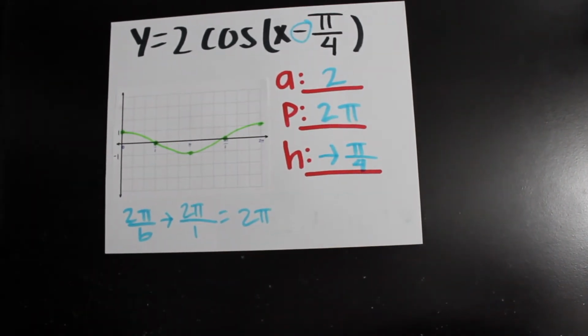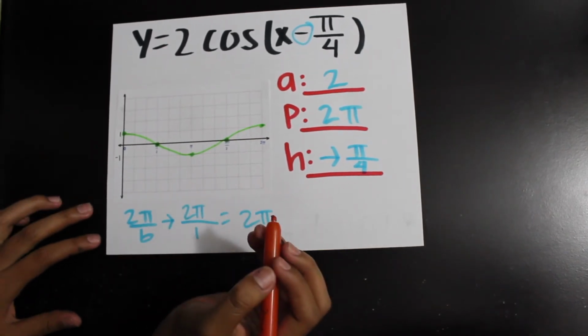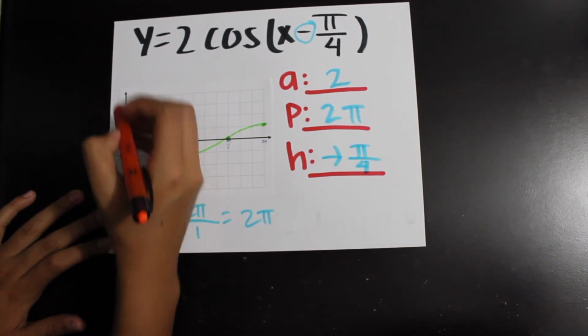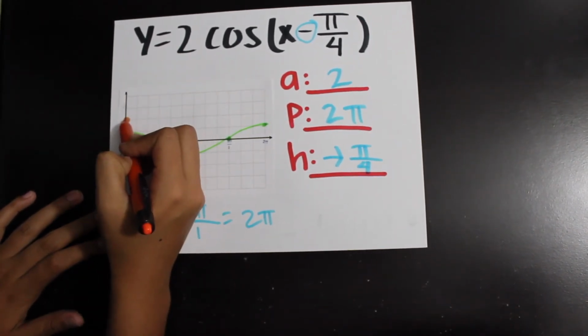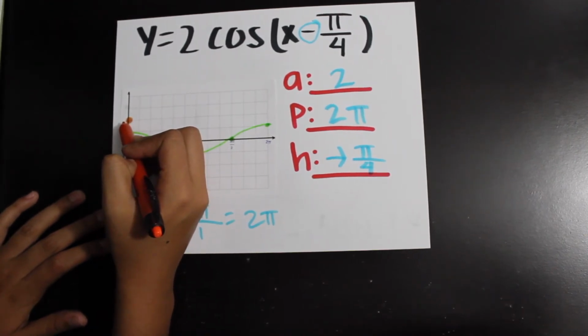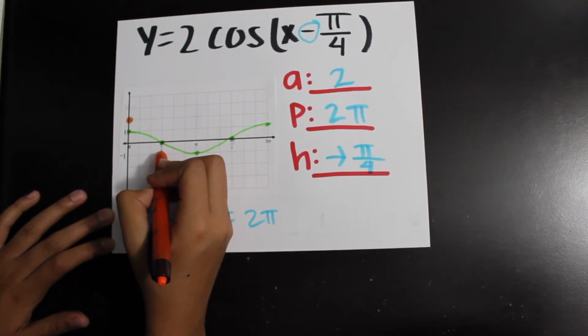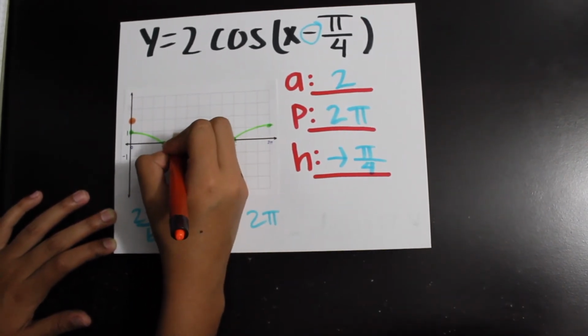So to graph this, we would start at its midline, which would be at 2. If this is 1, this is where we're starting, 2. Then we're gonna move pi over 4. So if it's pi over 2, pi over 4 should be right next to it.